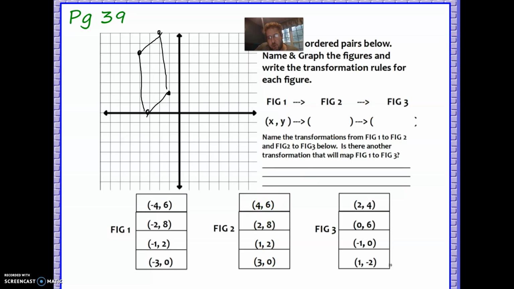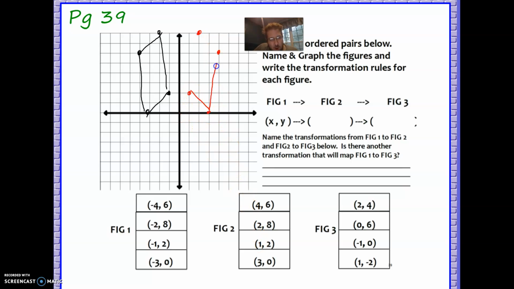And then it's going to turn into these points. Clearly, what you can see is that the x's are changing to the opposite. 2, 8 will be right here, 1, 2 will be here, and 3, 0.